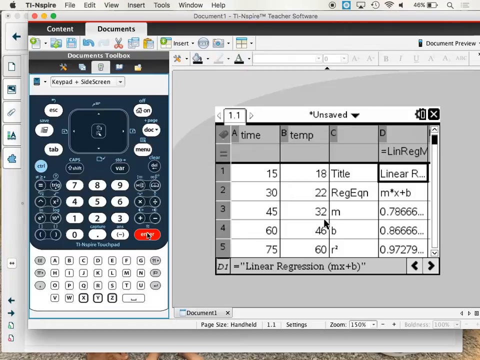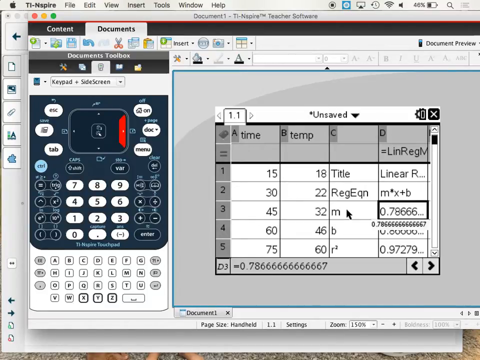So here are the M and the B values from the calculator. As you can see here, this is the value of M. If we round it to the nearest hundredth, it's about 0.79. Our B value, the y-intercept, rounded is about 0.87. So let's use those two values and write a y equals mx plus b equation.